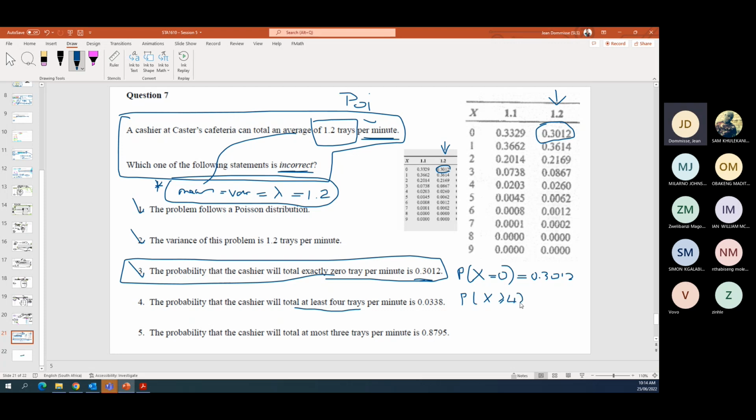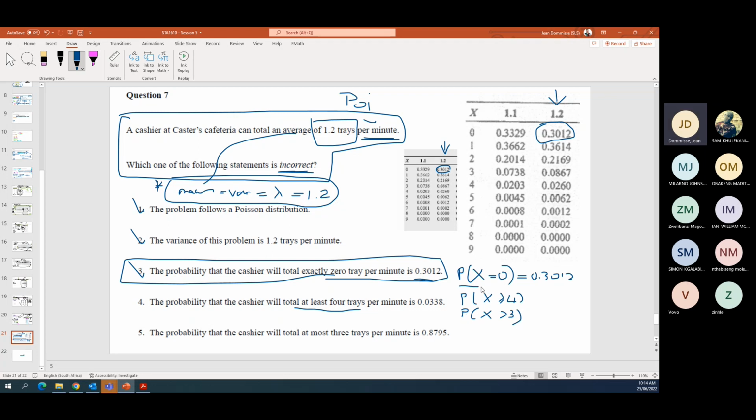We can write it as at least 4, so 4 or more, or we can write it as bigger than 3.